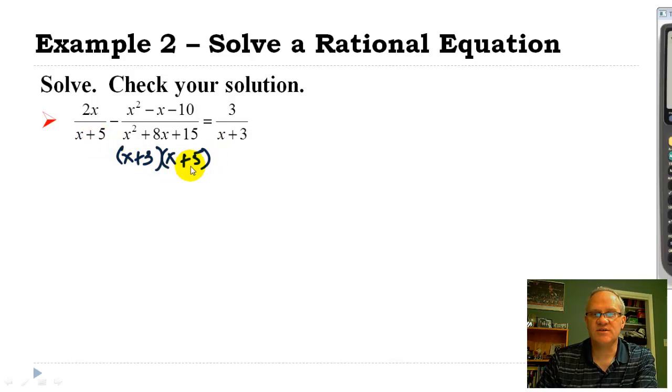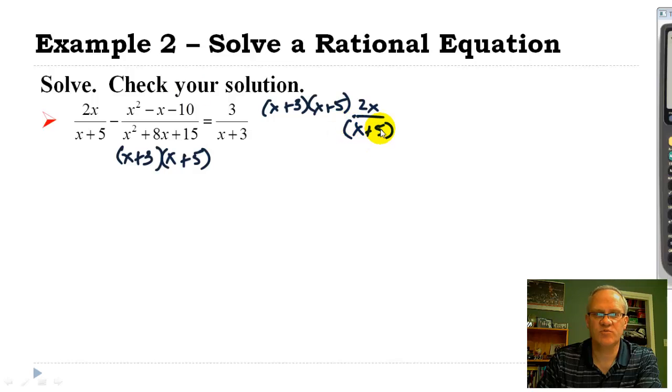So our least common denominator, the thing that we could get them all to be, would be x plus 3, x plus 5. Okay? So that would be our common denominator. One factor of x plus 3 and one factor of x plus 5. So let's multiply that times each, if I can fit it all in here, 2x over x plus 5. Multiply it by that one.